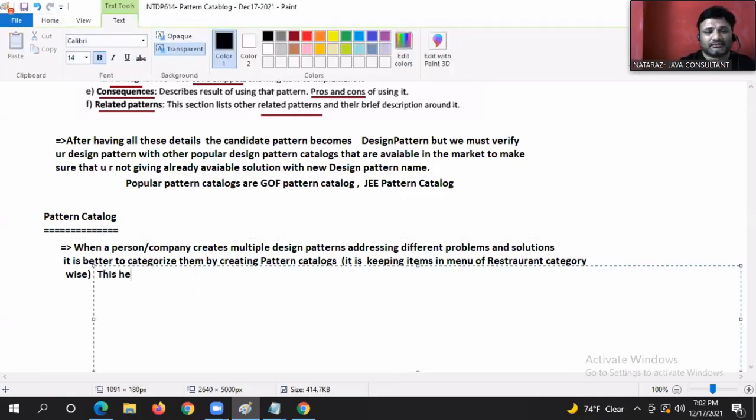This helps developers to pick up and use design patterns from the pattern catalog very easily.